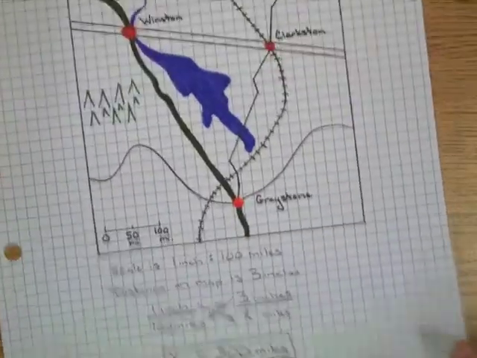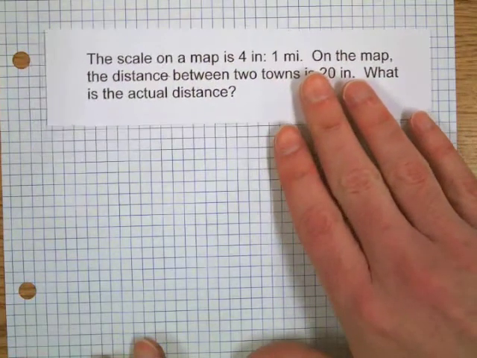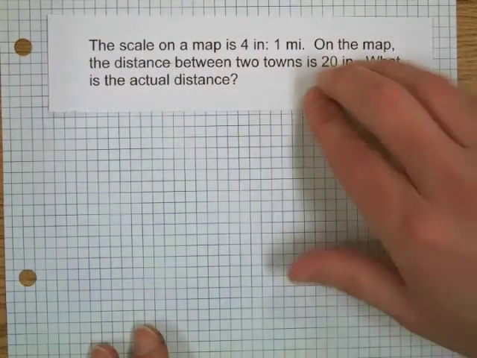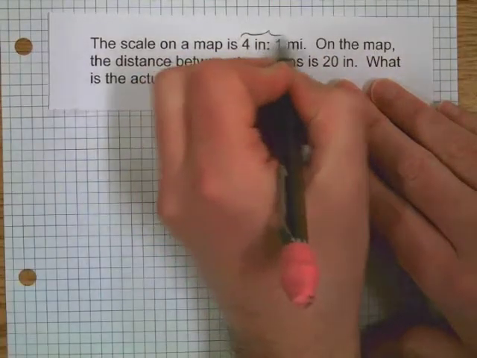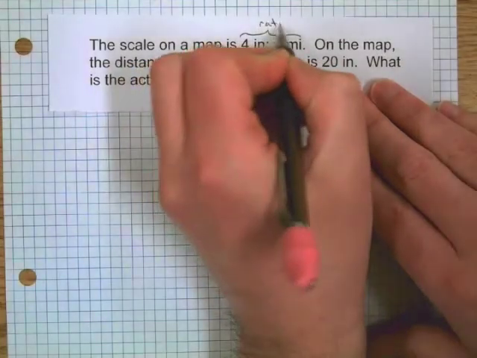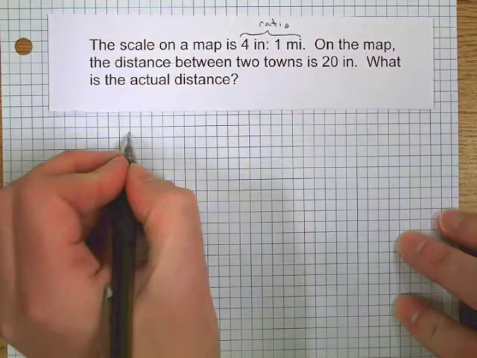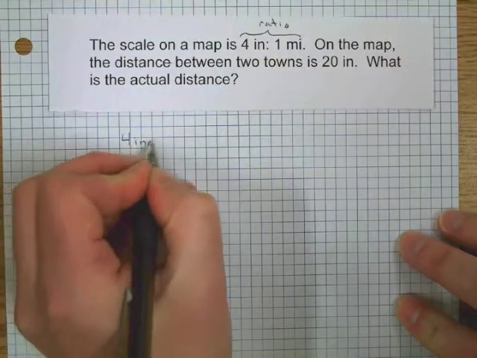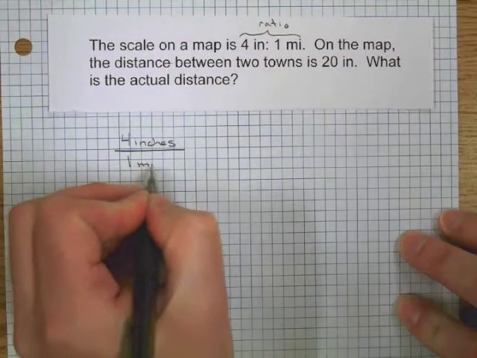So let's look at another example here. Let's say we have a map, and the scale on that map is 4 inches to 1 mile. So here is our ratio, and we could write that like this: 4 inches is to 1 mile.